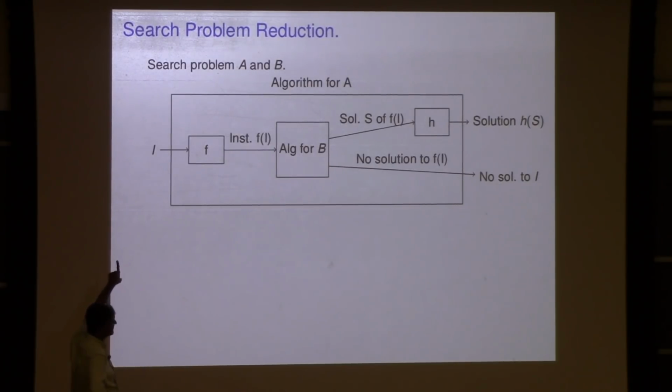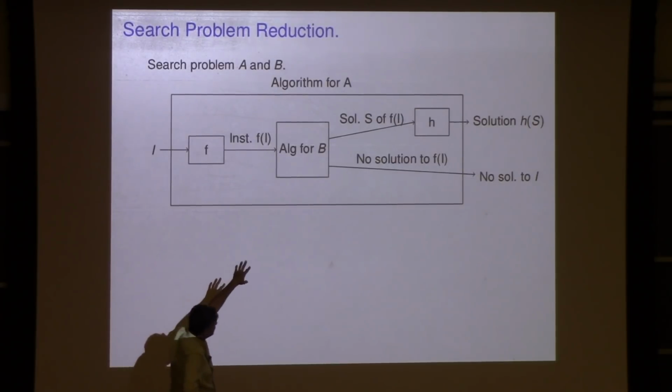That means if I have an input for algorithm A, I can translate it using this function from an instance of algorithm A into an instance, a valid input, for the subroutine or algorithm for B. And now B answers two things.